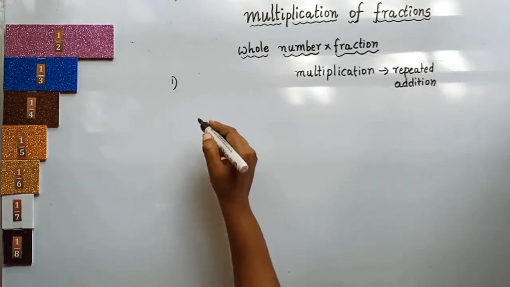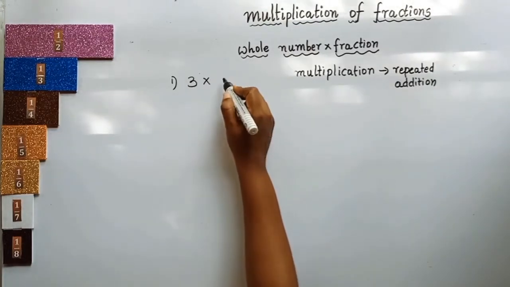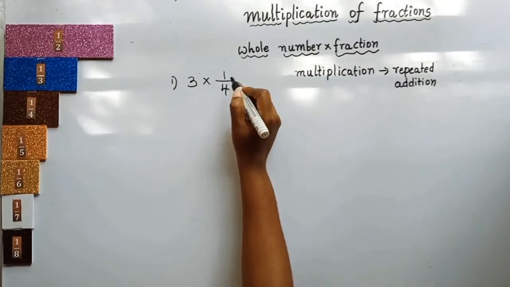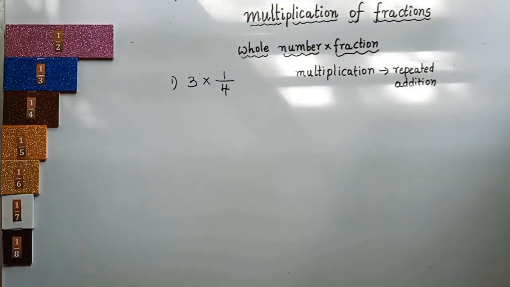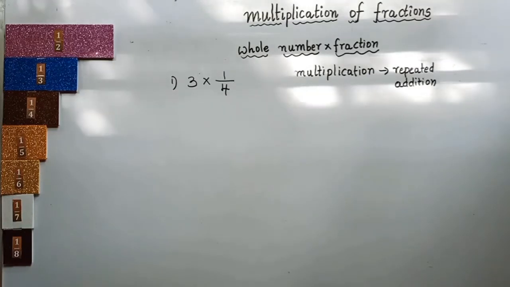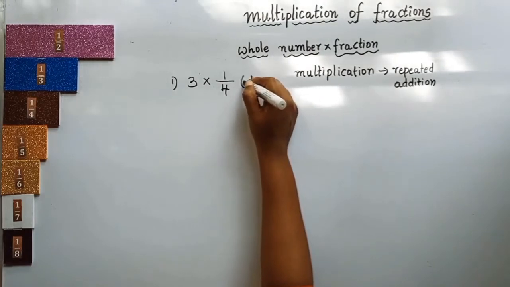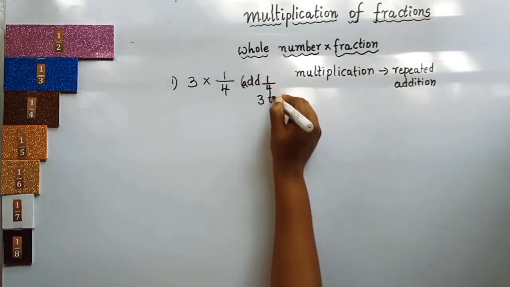Now take another example. Multiply 3 and 1 by 4 means we have to add 1 by 4. How many times? 3 times.